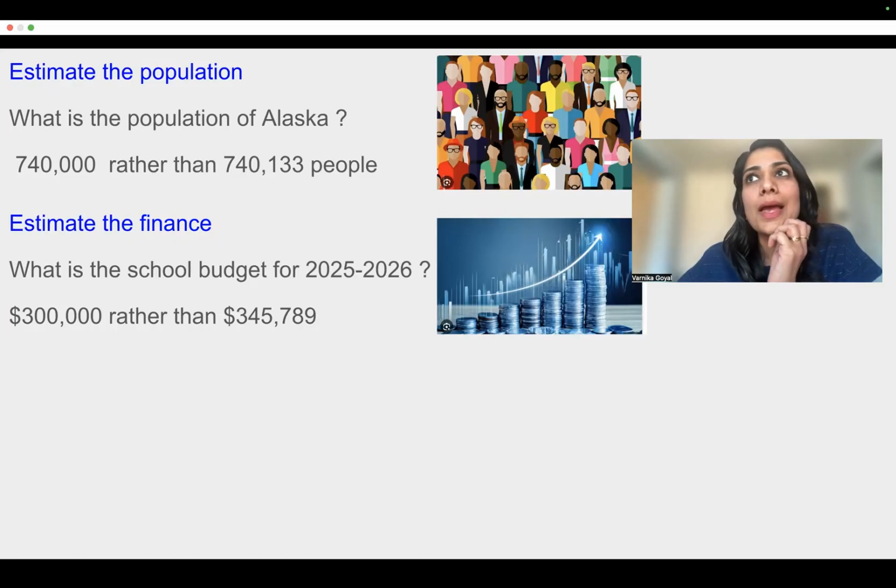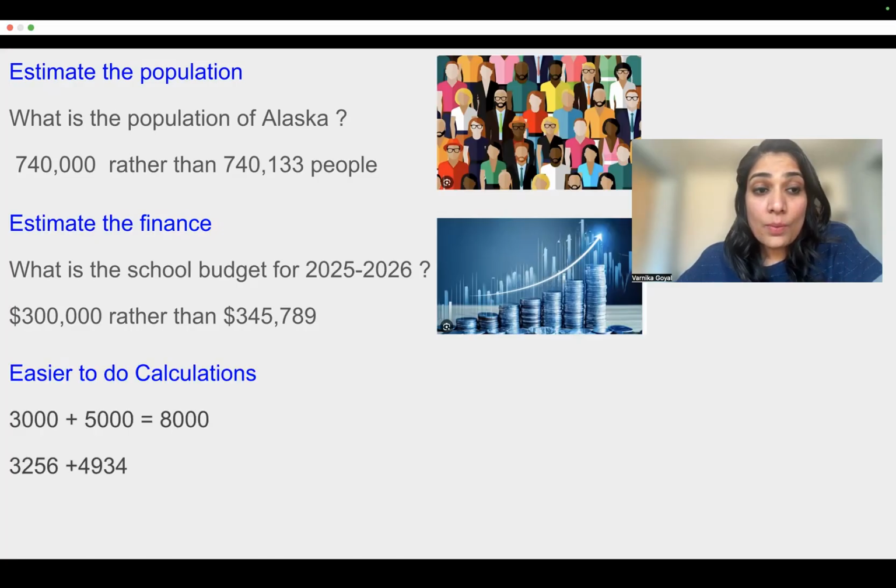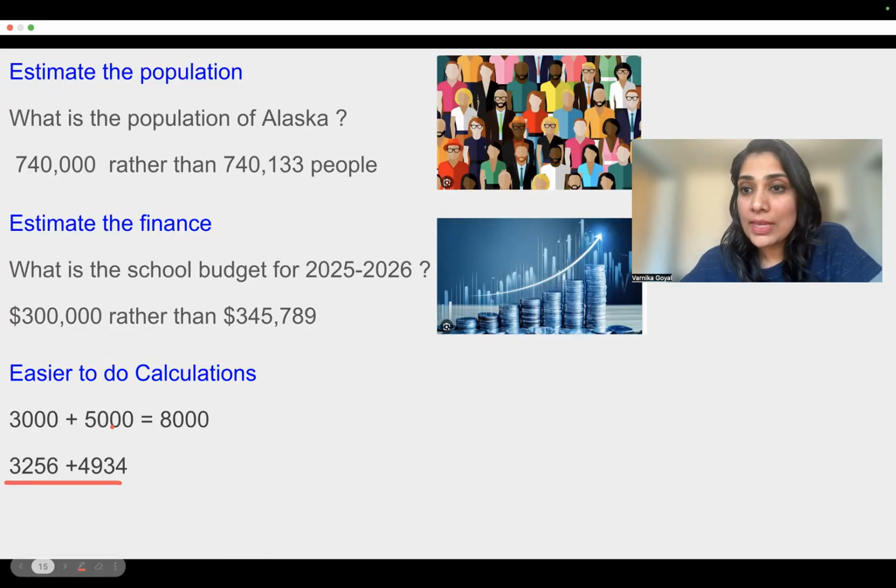If you want to discuss the school budget for 2025 to 2026, it's easier to remember and easier to say it's 300,000 for this year. And same thing, it is also very easy to do calculations. If I give you a number, won't it be a little difficult to calculate? But if I say you calculate 3,000 plus 5,000, you'll easily say 8,000. So there are many cases when we need to make the estimates for very large numbers.